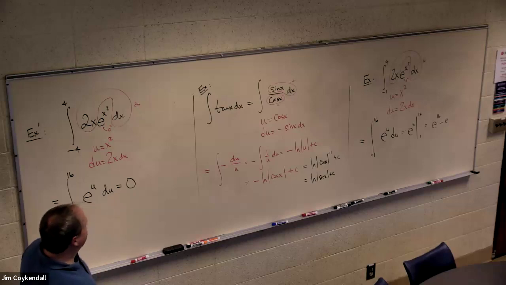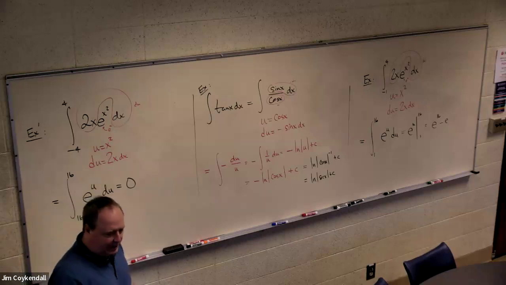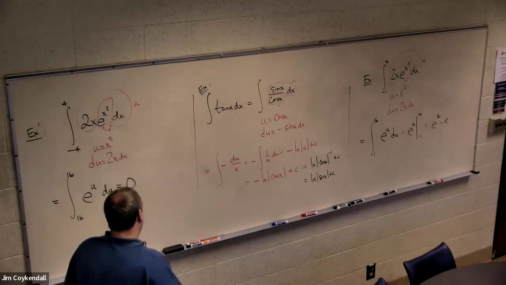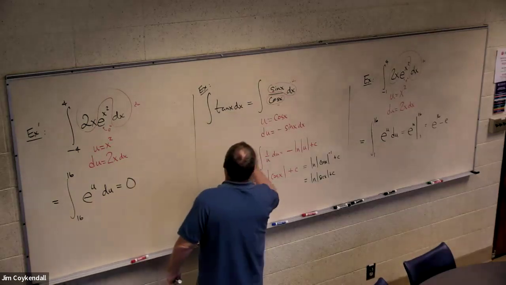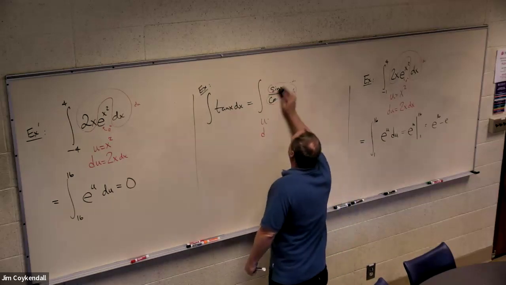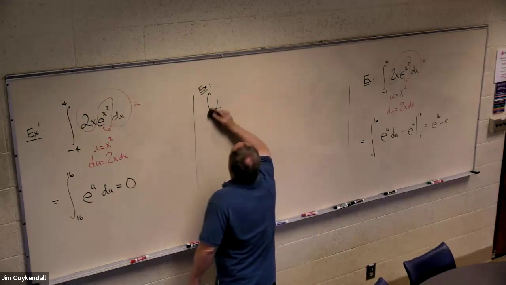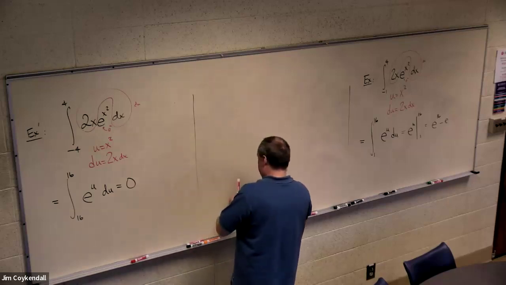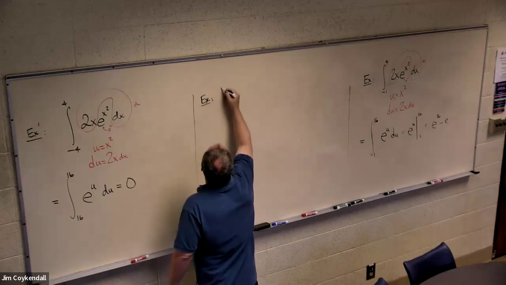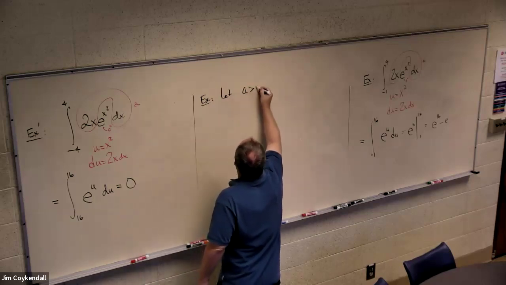Right, but I mean, is there something about this function that I could have told you in the first place? Is there something odd about this one? It is a pattern modifier. So this doesn't surprise me. And in fact, I'm going to do an example. Let a be bigger than 0.